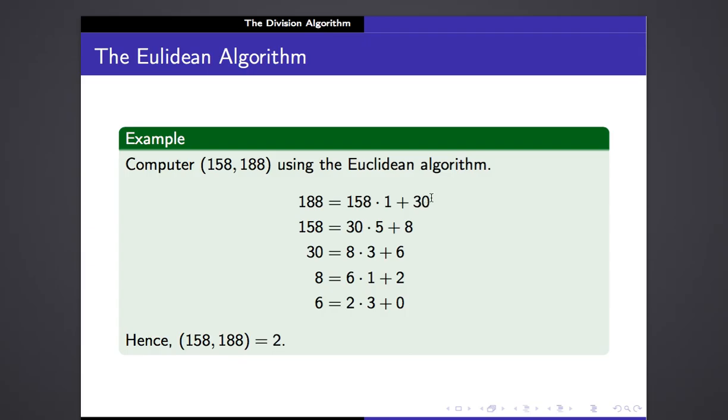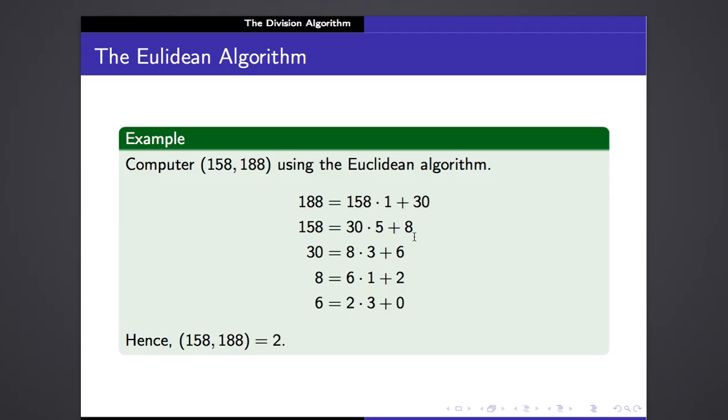But it doesn't stop there, since the remainder 30 is not 0. As long as the remainder is not 0, you can continue the algorithm. So we can divide 158 by 30, which is 158 equals 30 times 5 plus 8.